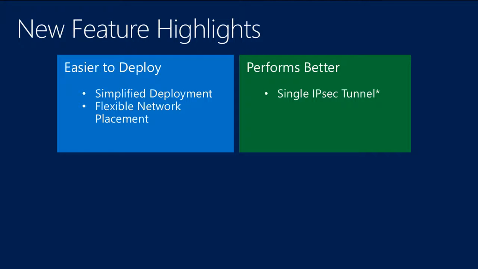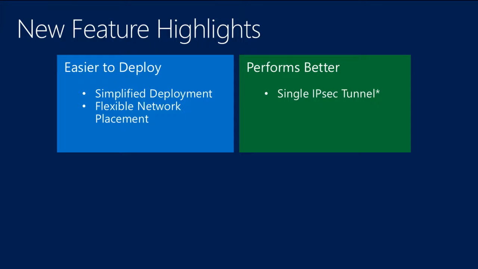So in the simplified deployment model, you can actually use a single IPsec tunnel. I put an asterisk there because it doesn't support a single IPsec tunnel in all deployment scenarios. But there are some in which you can. In UAG and in Windows Server 2008 R2, it used two IPsec tunnels.